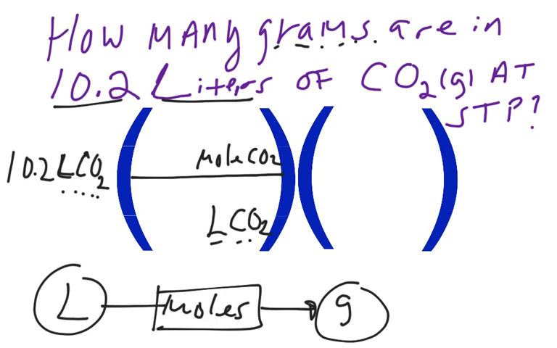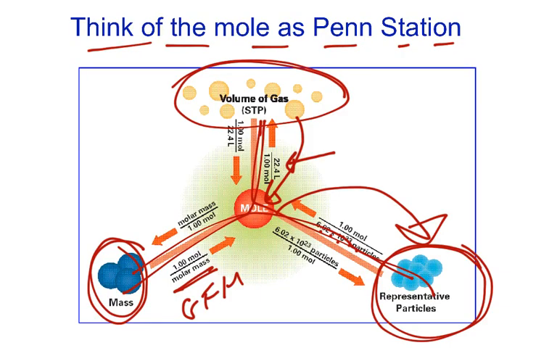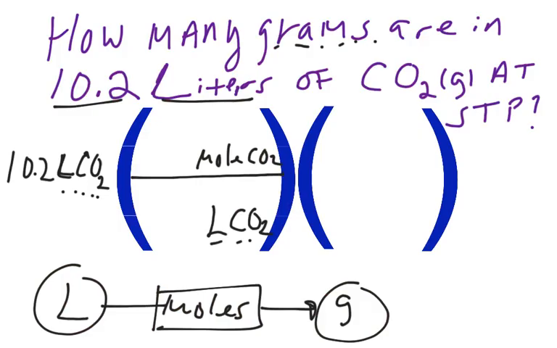Now, we said before, people, that if we're dealing with volume of gas at STP, we need to use that number, 22.4 liters. So that's what we're going to use in the bottom here, 22.4 liters. 22.4 liters of gas at STP, standard temperature and pressure, is always equivalent to 1 mole.